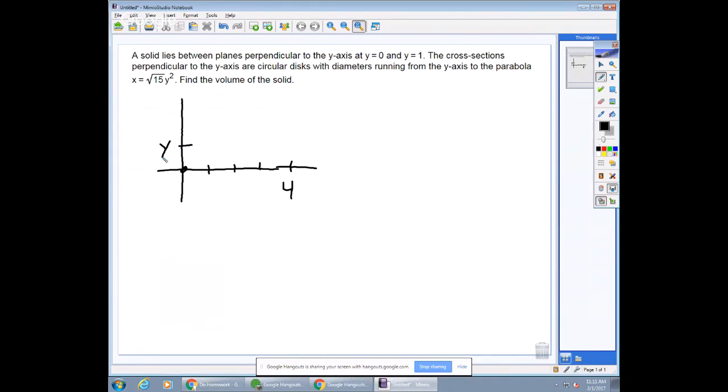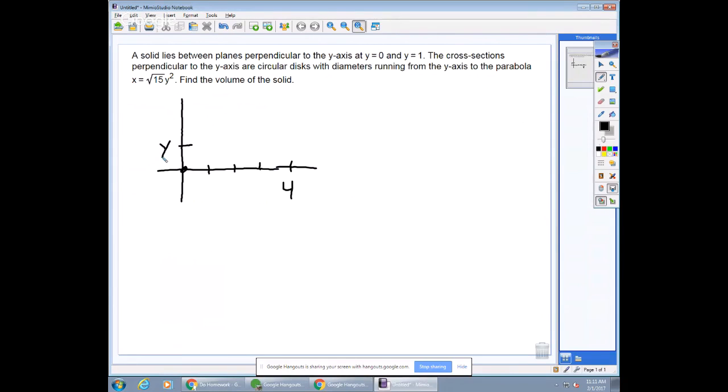So let's see, a solid lies between planes perpendicular to the y-axis at y equals 0 and y equals 1. The cross sections perpendicular to the y-axis are circular discs with diameters running from the y-axis to the parabola.